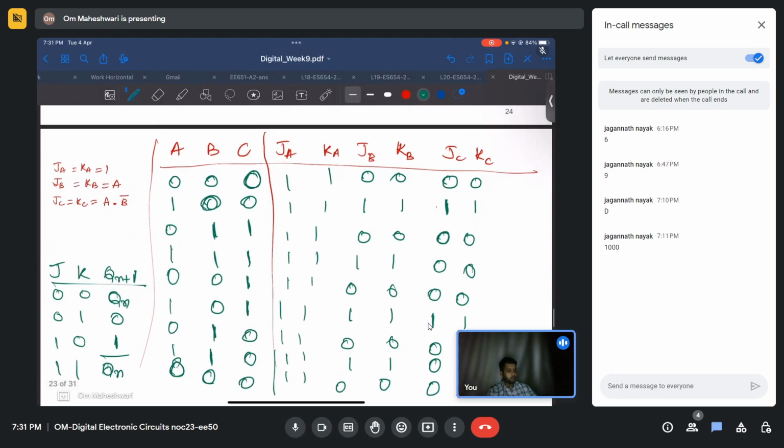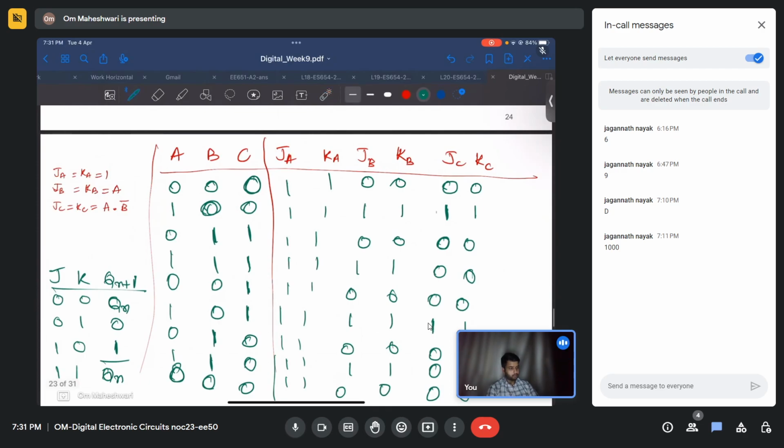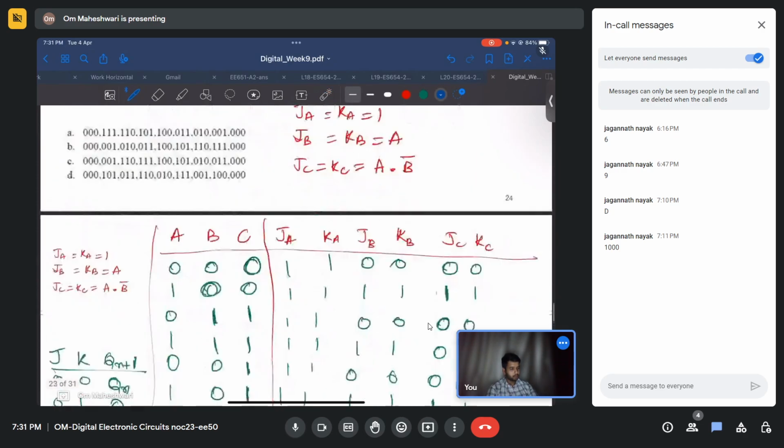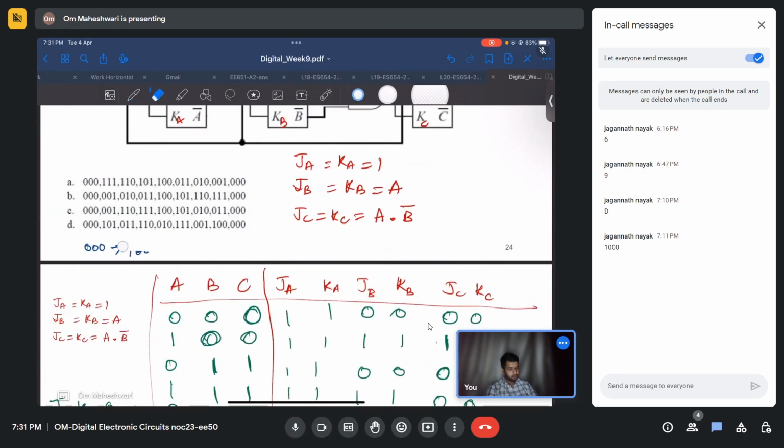So these are all the states that it will travel. So it will go from 0 0 0, then 1 0 0. Okay, it is CBA, sorry. So these are written as CBA, LSB.